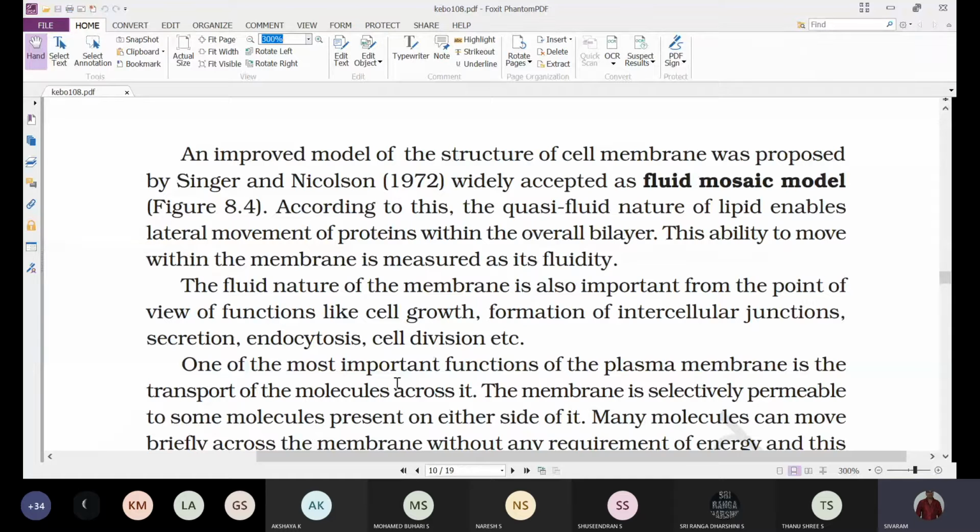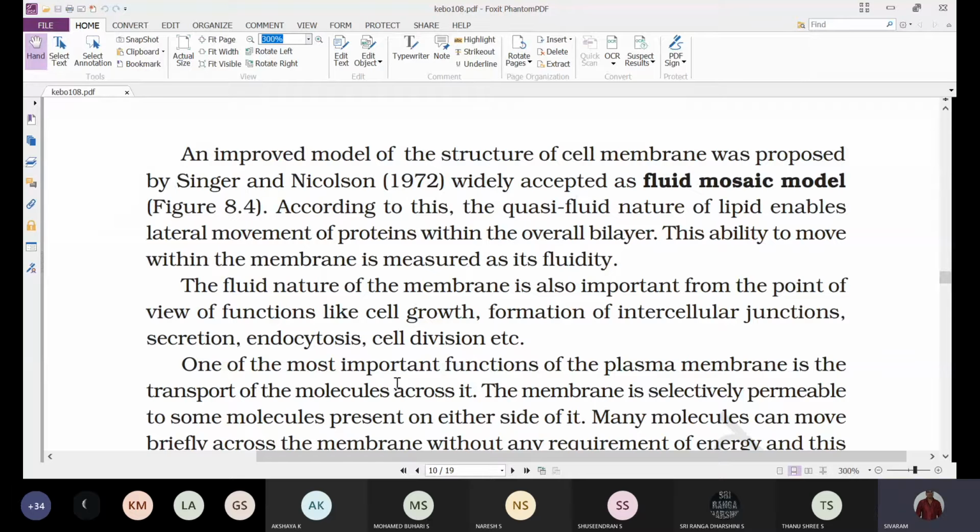These two scientists clearly studied the structure of the cell membrane, and they proposed a new model called the fluid mosaic model.